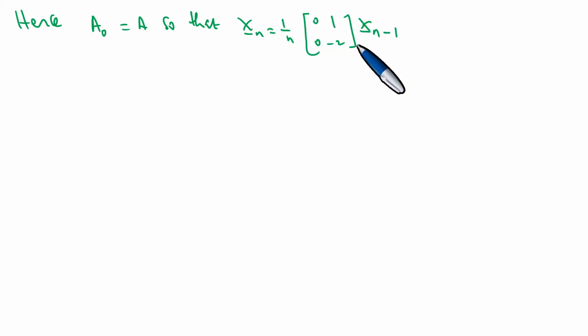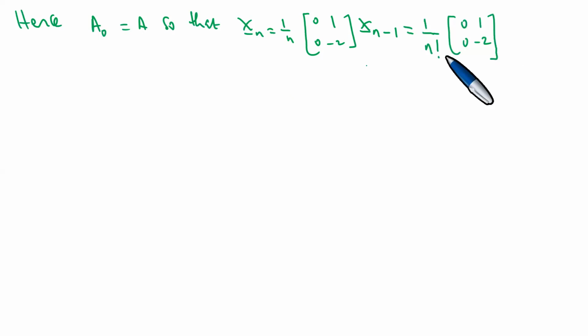And then the understanding therefore is that if you continue with this pattern here, it's going to be 1 over n factorial. And this is going to remain this matrix 0, 1, 0, minus 2. This one is going to be A to the n times x0.